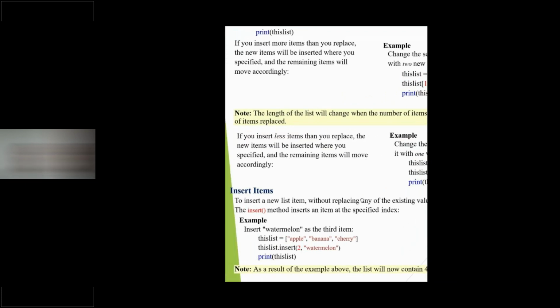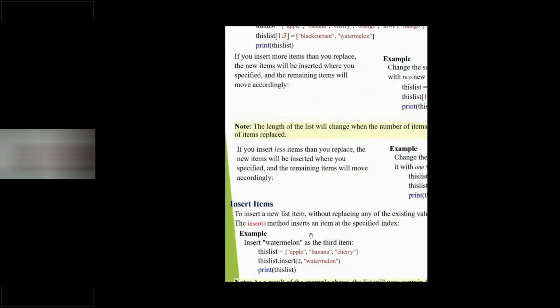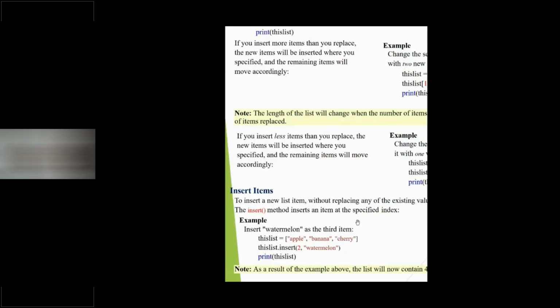And if you want to insert a value at a specified index, we can specify it here. To insert a new list item without replacing any of the existing values, we can use the insert method. The insert method inserts an item at the specified index. So here, insert watermelon as the third item. Here 0, 1, 2: index 2 actually contains cherry, the original item.